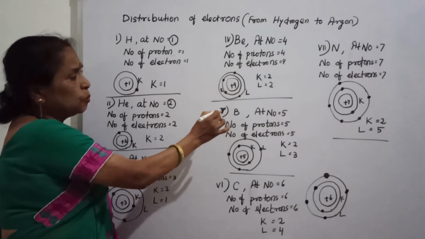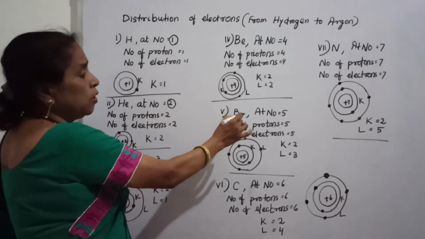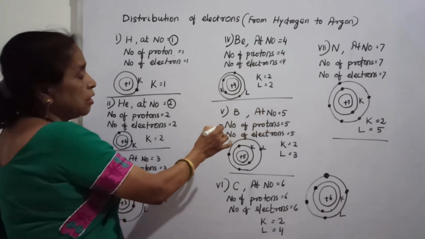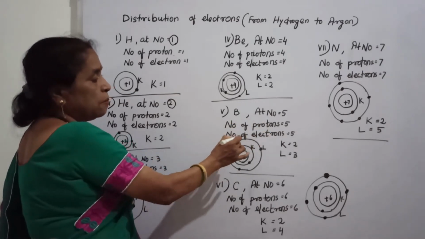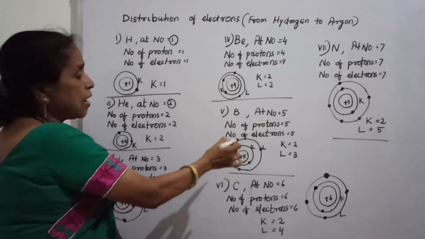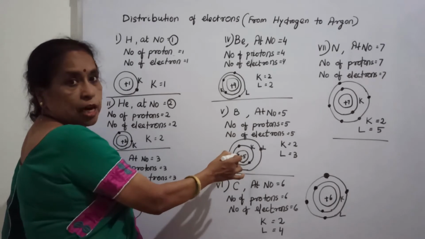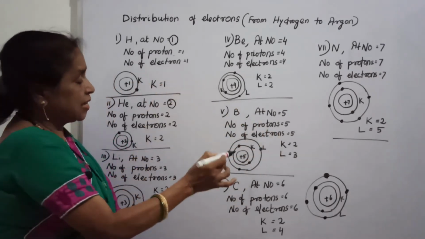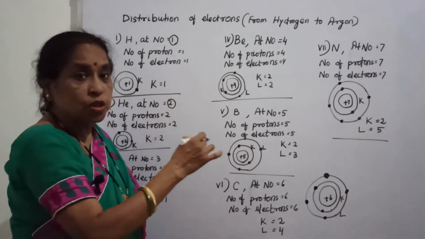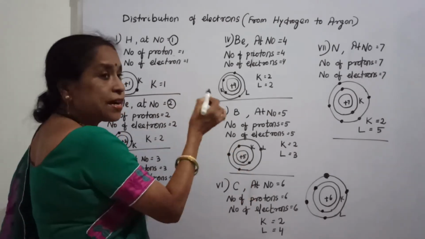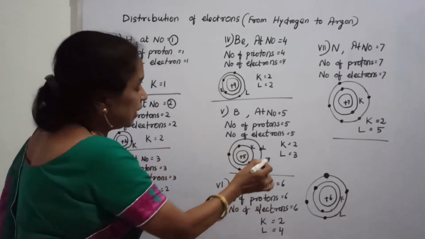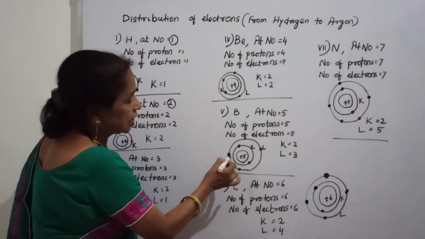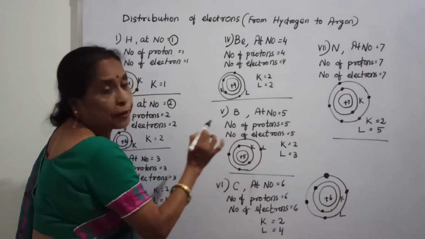Now next come to boron. Boron atomic number 5, number of protons 5, that is plus 5, and number of electrons 5 means K shell has 2 electrons whose capacity is 2, and what is the remaining electron? 3. So L shell has 3 electrons, 1, 2, 3.